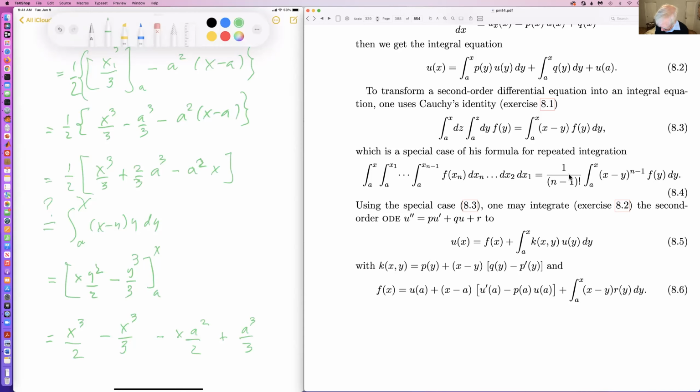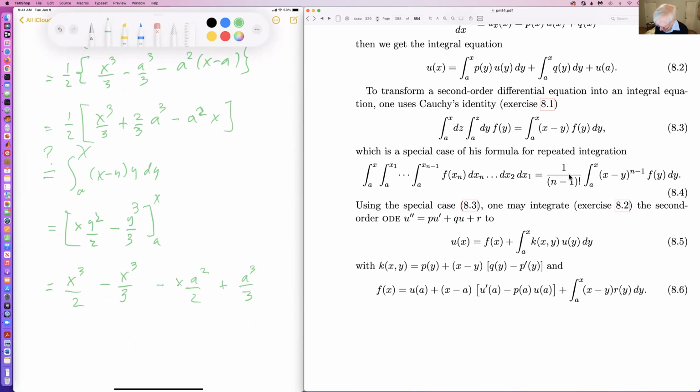So this is what I've got in this case. Oh, this actually may work because a half is 3/6 minus 2/6 is 1/6. So that's 1/6 x cubed. And then this is minus x a squared over 2 plus a cubed over 3. Well, it kind of works, but it's not really working.